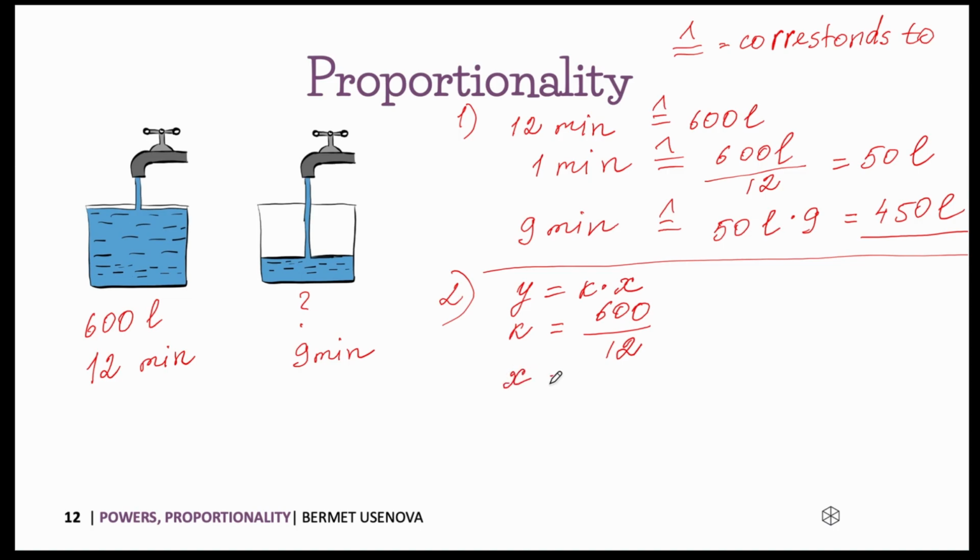And x is amount of minutes that we have, which is 9. So we can rewrite it into our proportionality equation as y = 600 divided by 12 multiplied by 9, which will also be 450. The result is the same as in the first method.